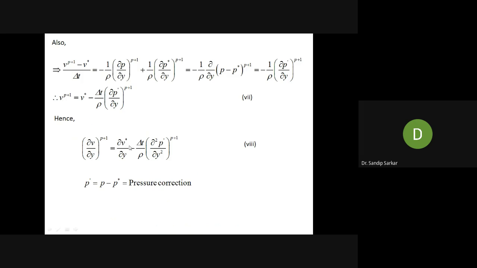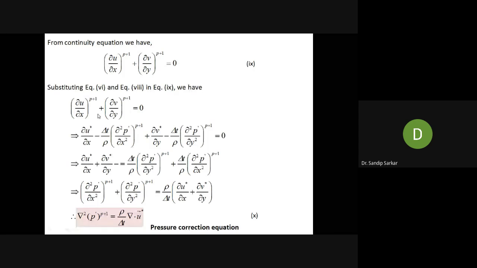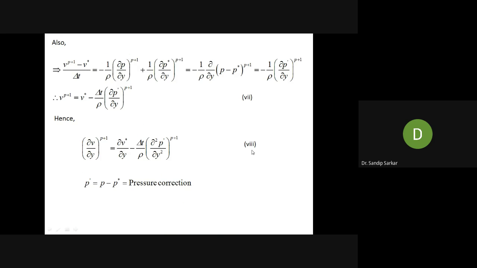Basically, I am substituting equation number 6 and equation number 8 into equation number 9. ∂u/∂x at p+1 is ∂u*/∂x minus Δt/ρ ∂²p'/∂x², which we already obtained from equation number 6, and ∂v/∂y at p+1 is ∂v*/∂y minus Δt/ρ ∂²p'/∂y² at p+1, which we already got from equation number 8.